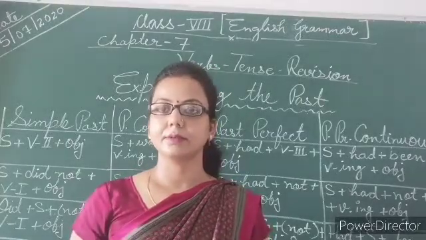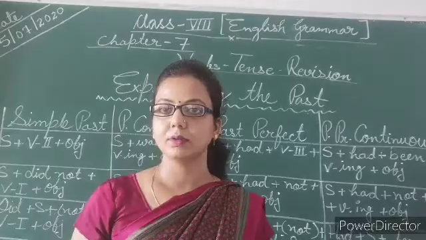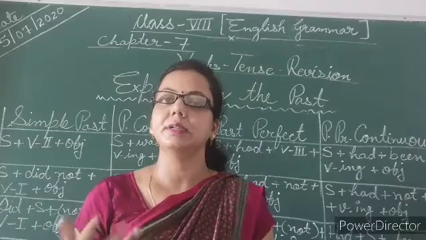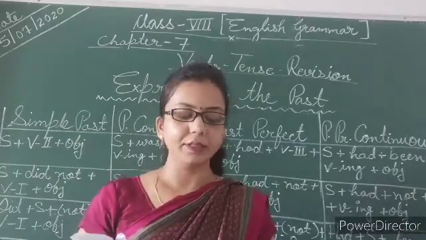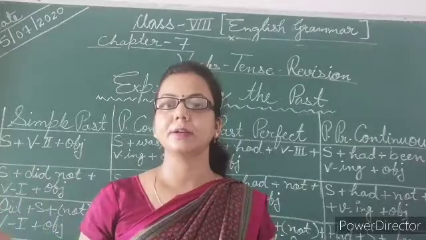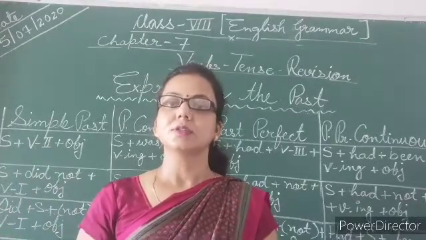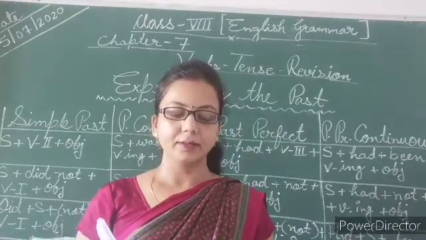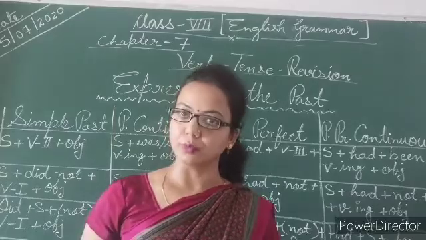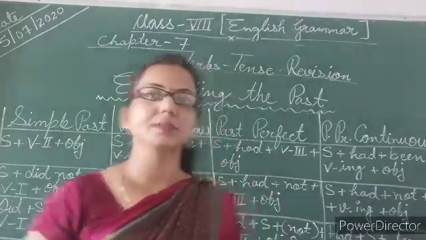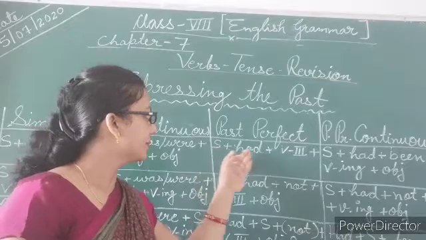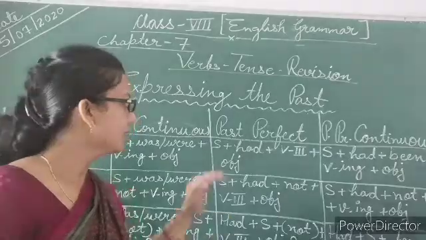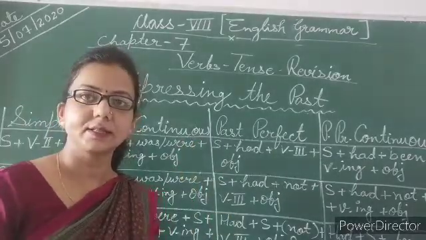It means when I came back from school, I saw that my brother had already left for the airport or station, whatever it is. So my dear students, have a look at the structure: subject plus had plus verb's third form plus object. This is for your affirmative sentence.